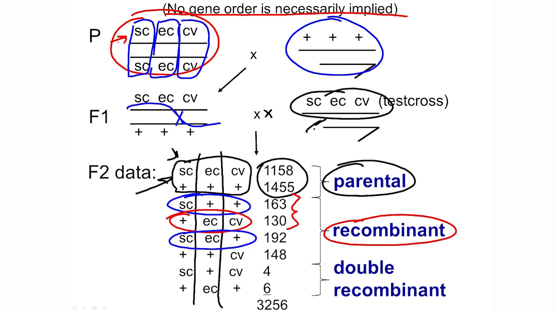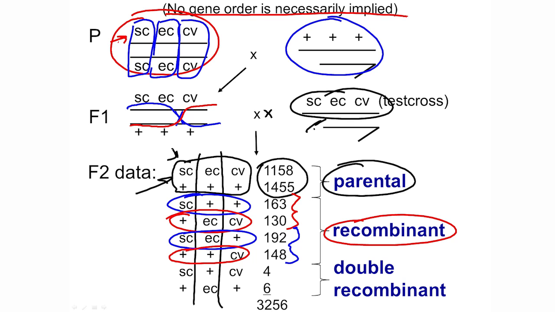You see how I arranged the data so it'll be right one after another in a line. The corresponding other one that's going to be made there is plus, plus, and CV, and that's right here. So these guys are another recombinant class. They're different from each other, but they're recombinants because they represent another combination of the three that was not seen in the parents before.